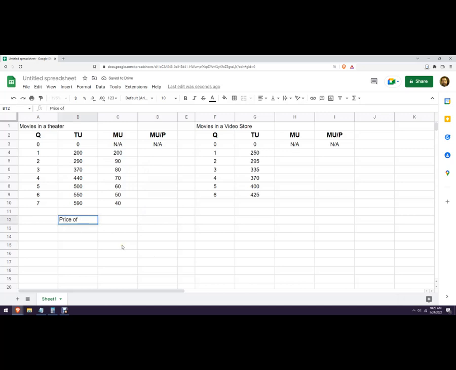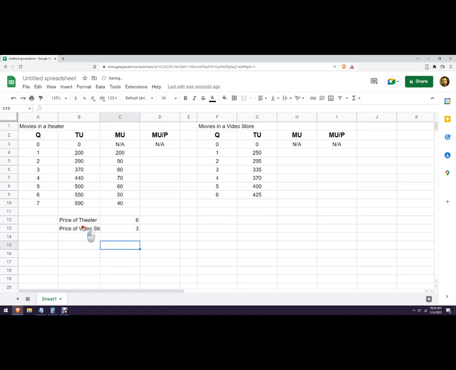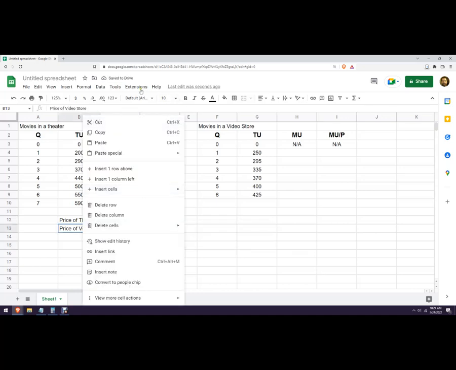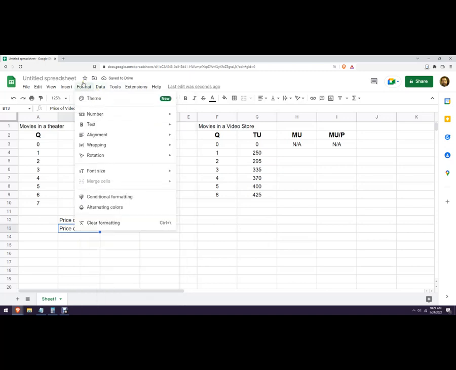Okay, now let's do the prices. Price of, we'll call it theater. Price of going to the theater, that was $6. Price of video store was $3. I guess it's up under format.